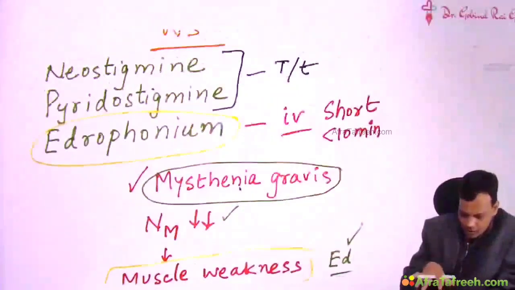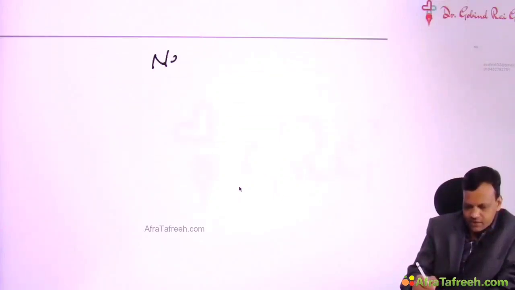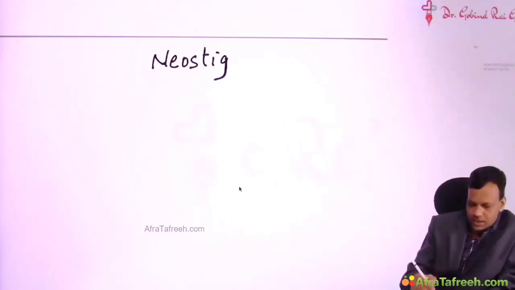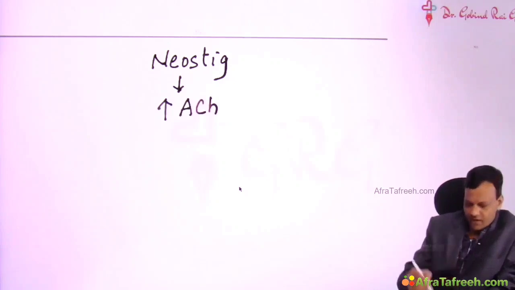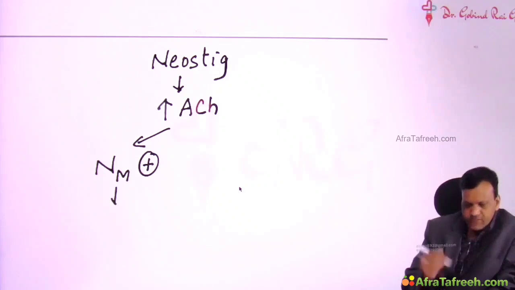Now we have diagnosed and we have started the treatment with neostigmine or pyridostigmine. These drugs inhibit acetylcholinesterase, which leads to an increase in acetylcholine. When acetylcholine increases, it stimulates the NM receptors and that will improve myasthenia gravis.